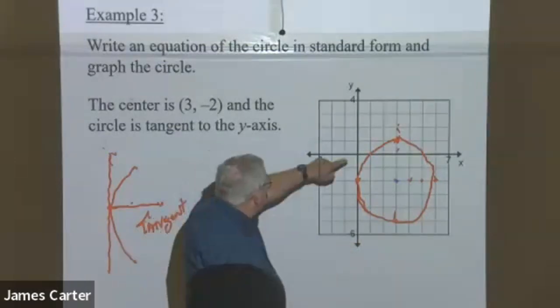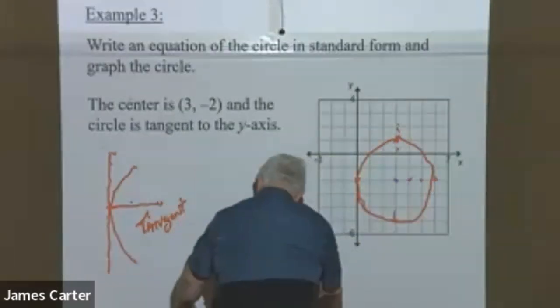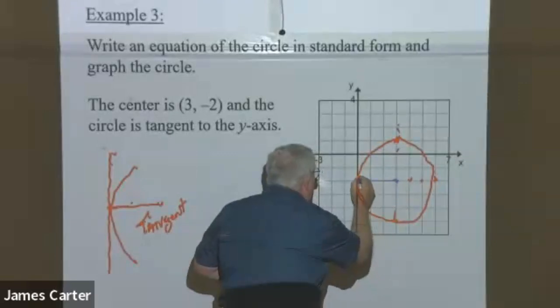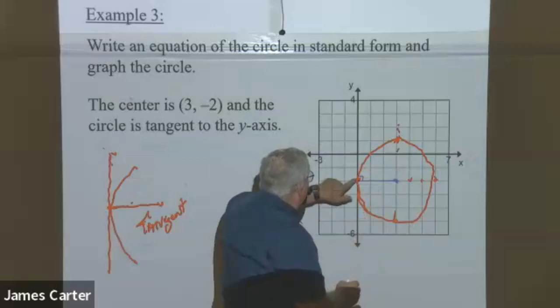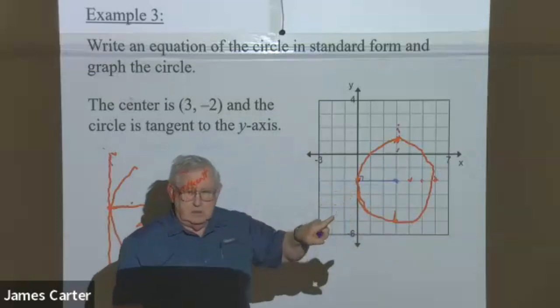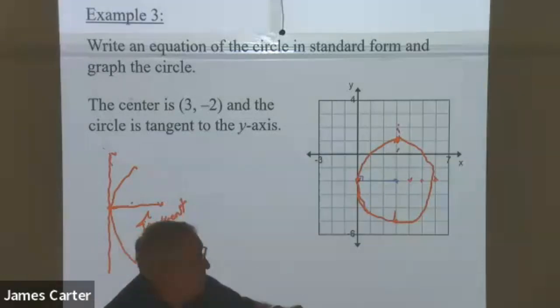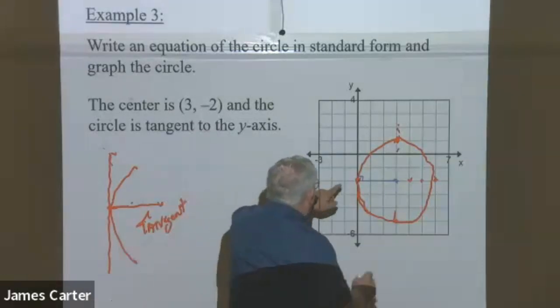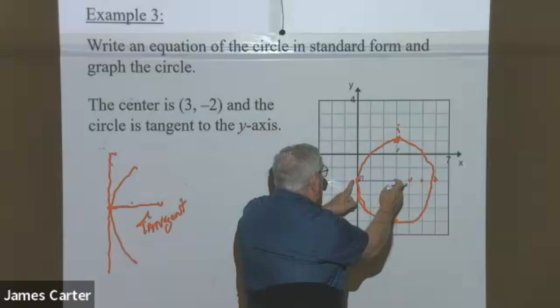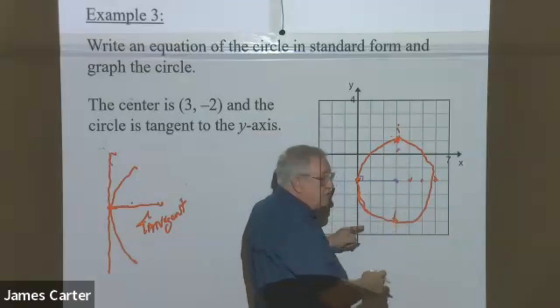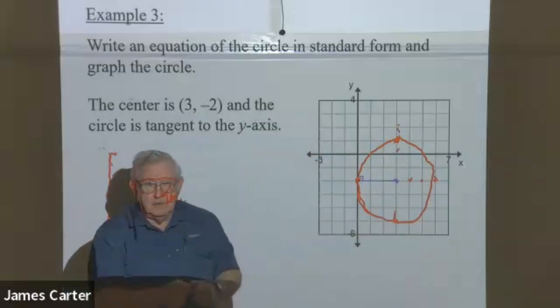Now, if this radius right here has to be at a right angle to that one and just touching it, okay, that means that this must be the length of the radius, in this case 3. So go over 3, go up 3, go down 3, draw the circle.